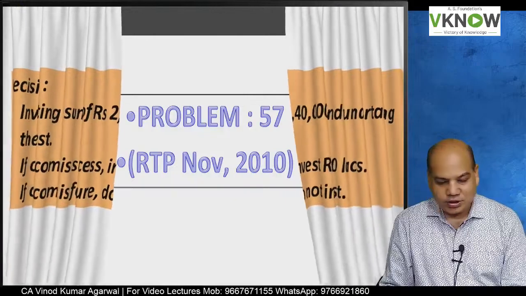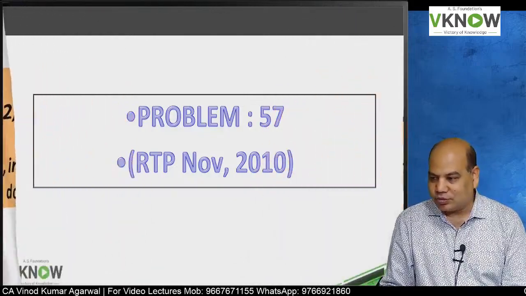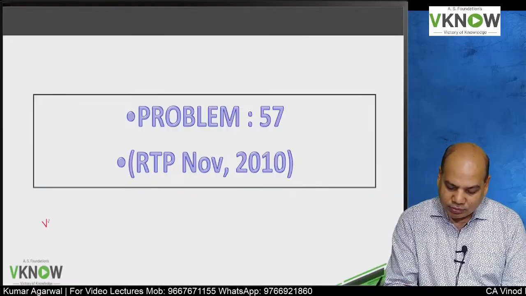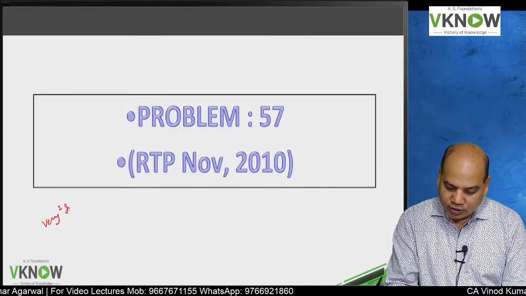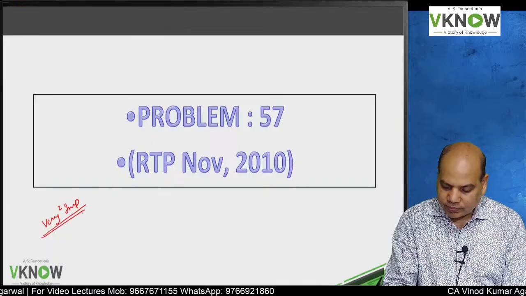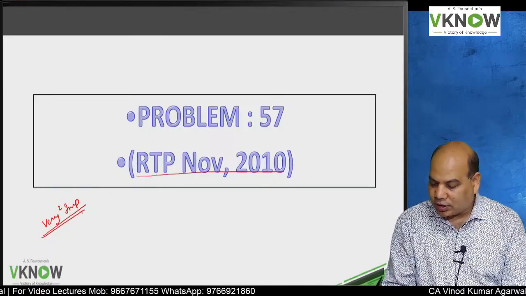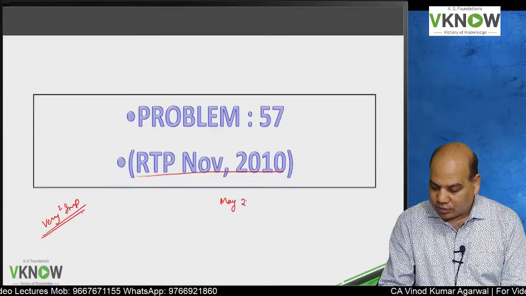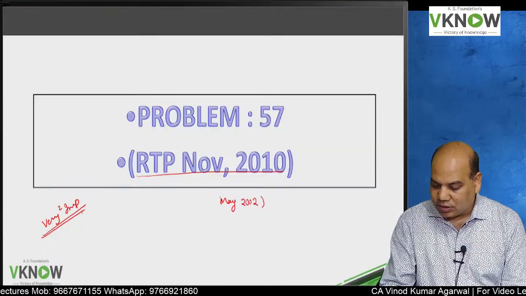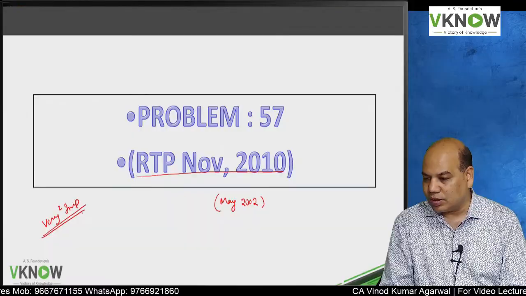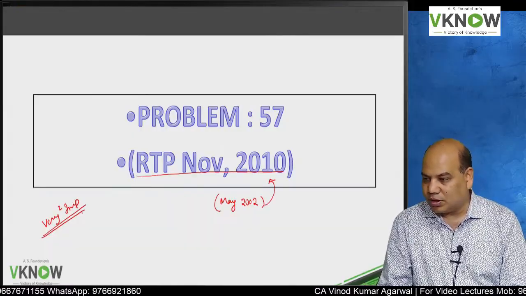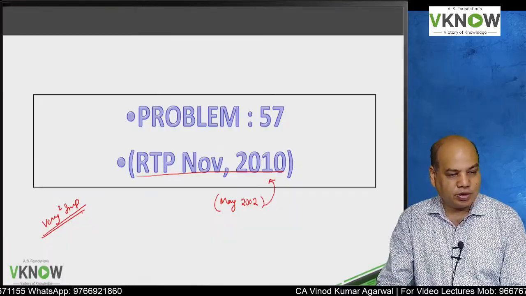Okay. Question number 57. Again write down, very important question. It was asked in RTP November 2010, and before that I think it was asked in 2002 also, long back. Same question is appearing in RTP and it will appear in your exam.